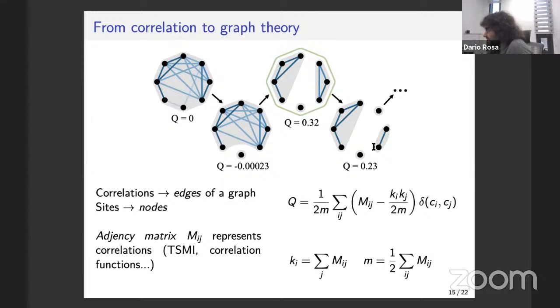You have a certain eigenstate, right? Yeah. Okay, and you have, let's say, the amplitude of each this eigenstate over each node. Okay, go ahead. So let's say you measure a correlation function between every site, right? So let's say sigma z correlations between every site.